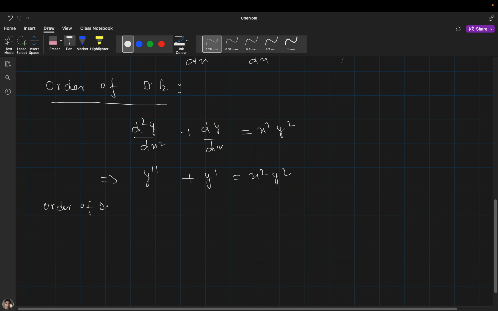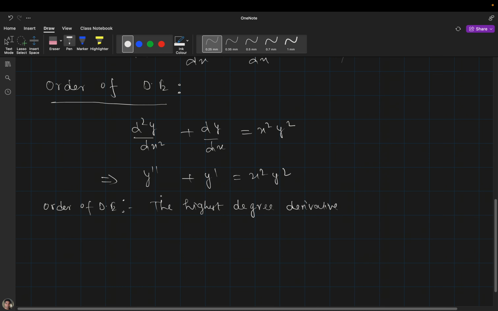So if someone asks what is the order of this differential equation, the order of a differential equation is defined by the highest order derivative. That is called the order of the differential equation.